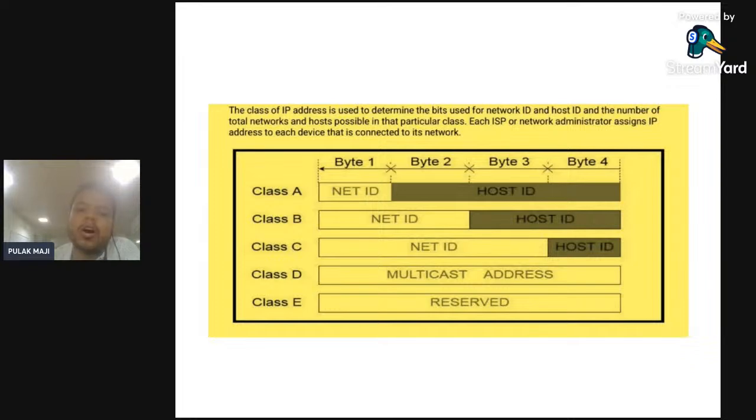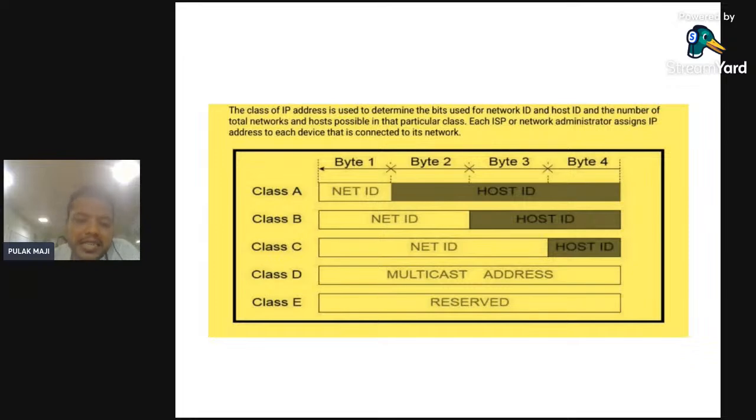Similarly for class C, the first 3 octets, meaning the first 24 bits (8, 8, 8), are reserved for the network ID, and only the last octet, the last 8 bits, is reserved for the host ID.